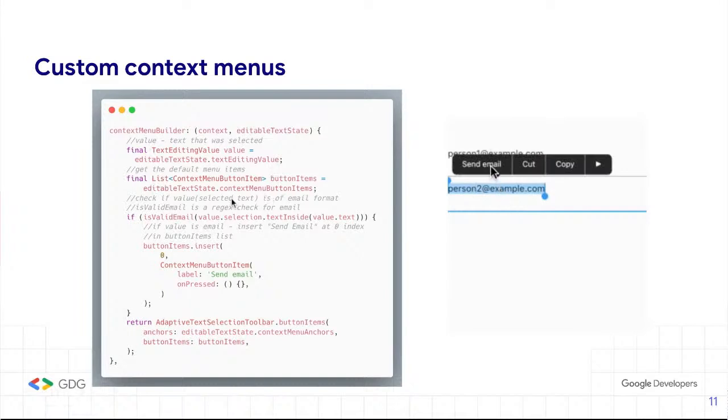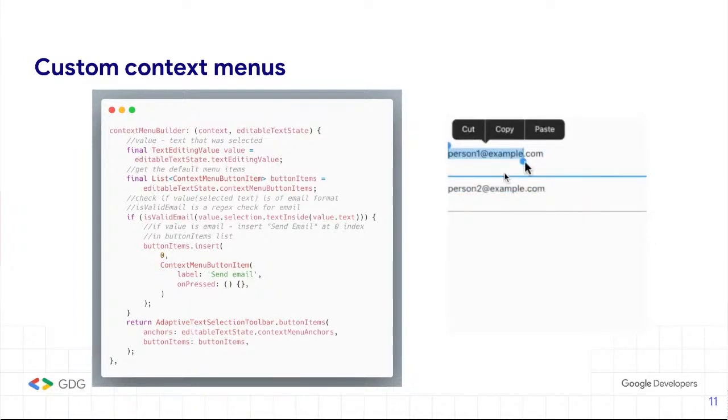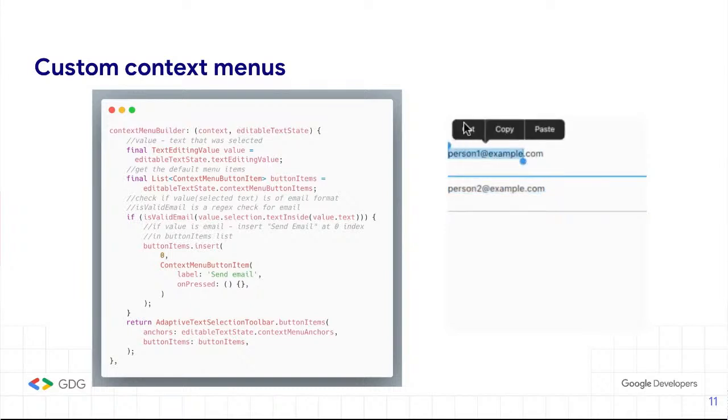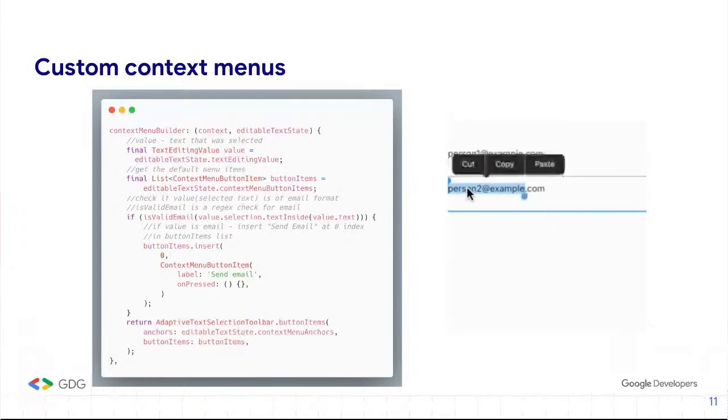In order to get the default menu items, which is cut, copy, paste, we can say editable text state dot context menu button items, which means whenever I select any text, return the context menu buttons for it. So by default, you will always see cut, copy, paste, and you can add a send email if the selected text was of the format email.